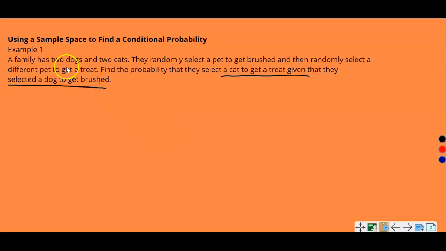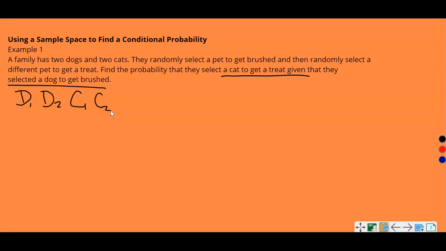All right, so the first thing we can do is say with 2 dogs and 2 cats, let's go ahead and give these a symbol. We'll use D1 for dog 1, D2 for dog 2, C1 for cat 1, and C2 for cat 2. So we have 4 pets, 2 dogs and 2 cats.